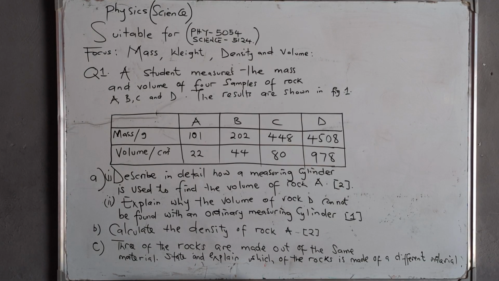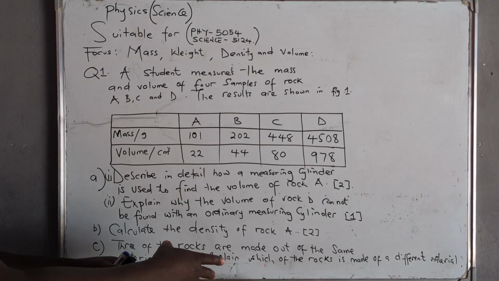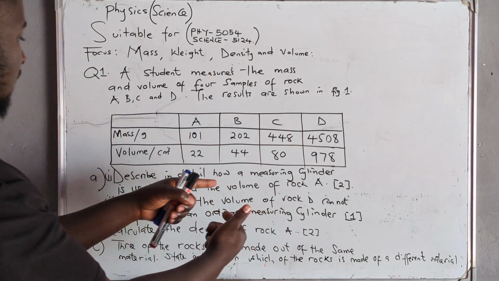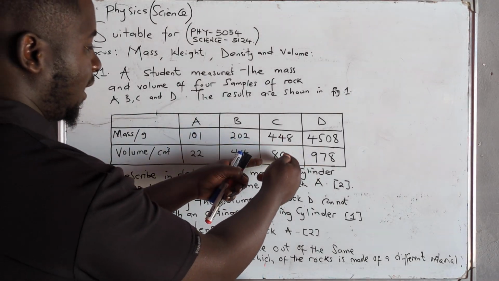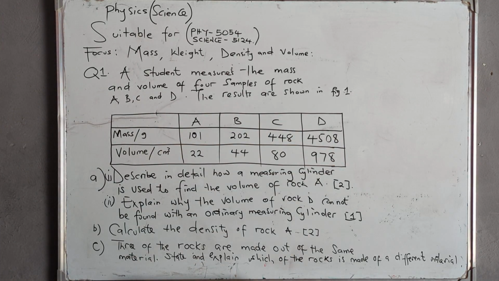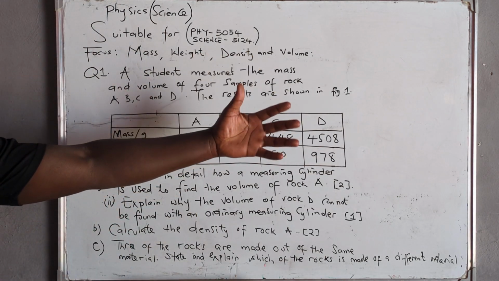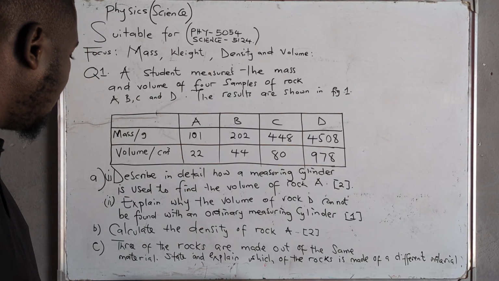So you understand, if you look at the results here, if you compare 100, 200, and 448, that's the mass, then you compare the volumes of 22, 42, and 80, you will discover that this one, rock D, is very huge. So it can never fit in the ordinary cylinder. So how do you explain that?